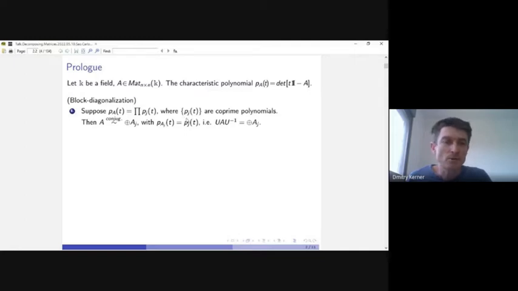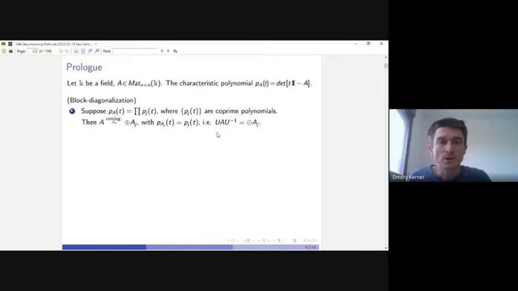And then the first theorem of diagonalization is that by conjugation, we can bring a matrix to the block diagonal form, where the characteristic polynomial of each block is exactly this p_j(t). Yes, these are the factors. And this transformation is done by conjugation. This is the first part.